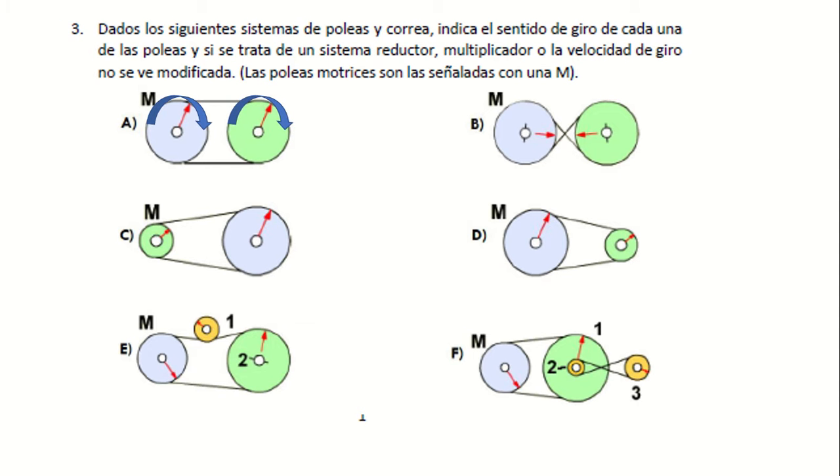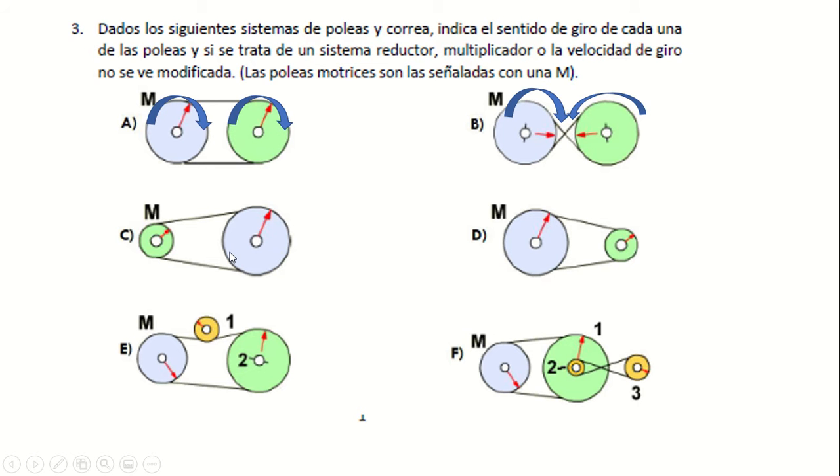Is this a multiplier or reducer or anyone, or no one, sorry? Yeah, it maintains the speed because the diameter of the wheels is the same. Okay, this one turns to this side and the other turns to the opposite side, because the belt is crossed. Okay, and it also maintains the speed.